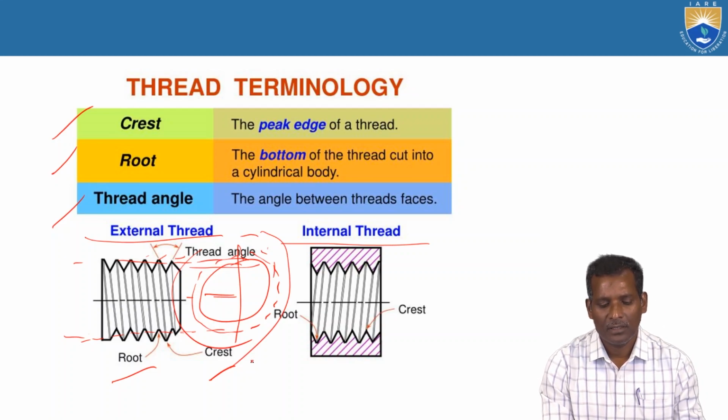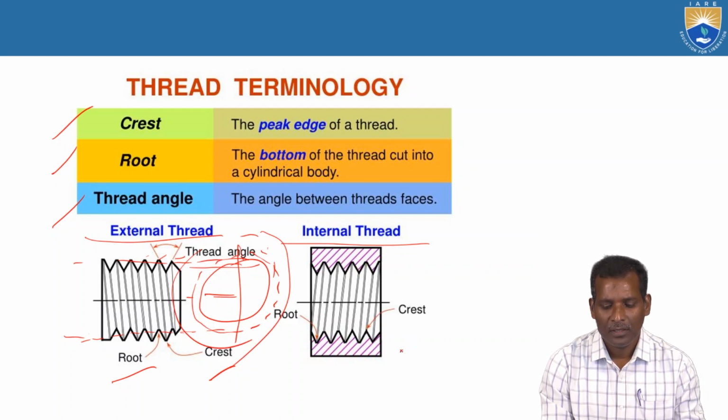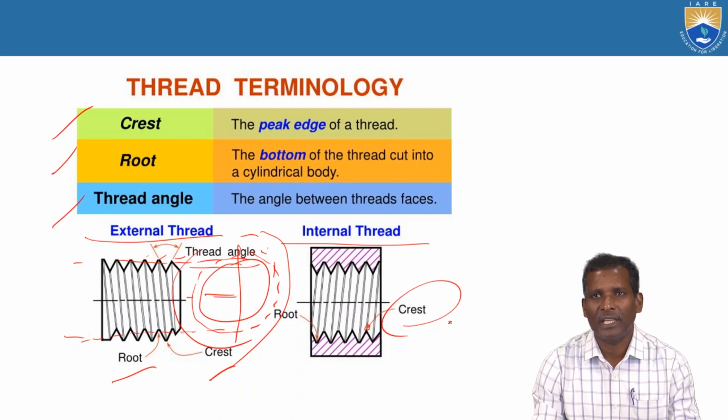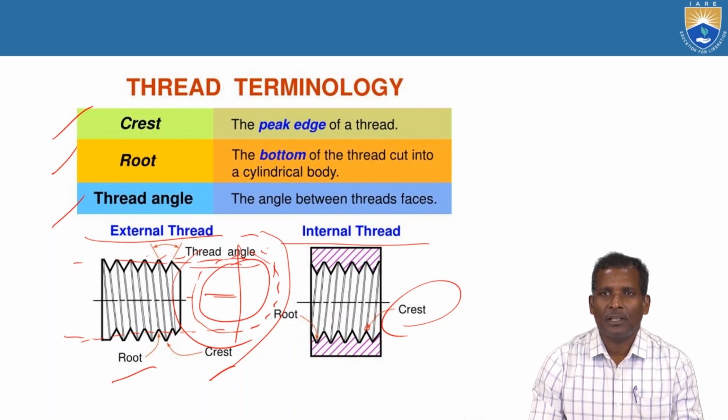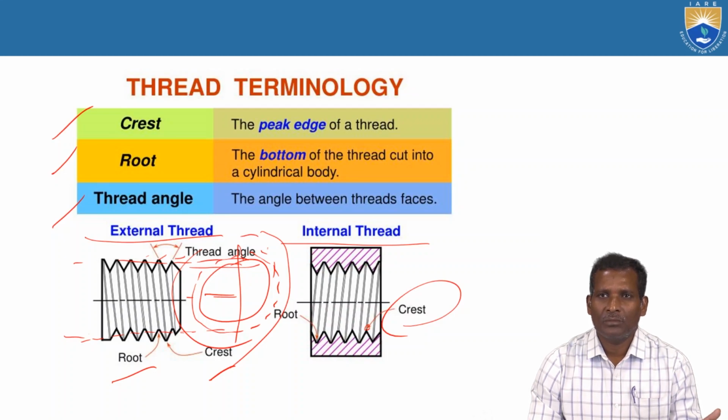This one is the root circle. Similarly, the tip point, the topmost point, is called the crest, the peak edge. One is the peak, another one is the bottommost portion, the bottom of the thread cut into a cylindrical body.